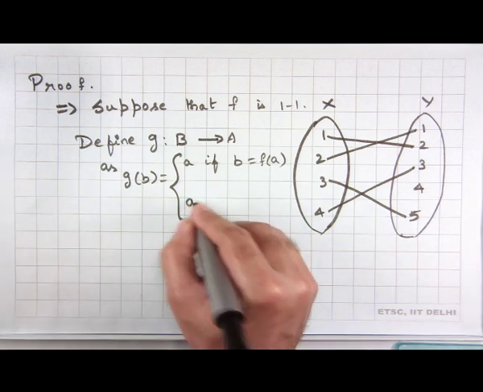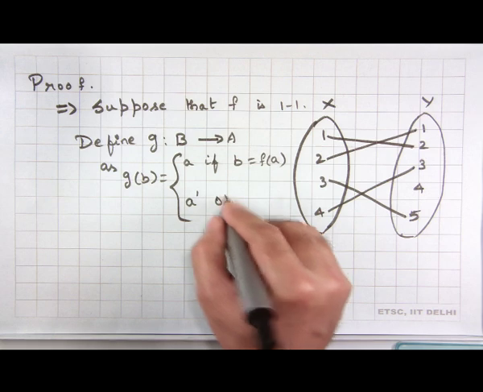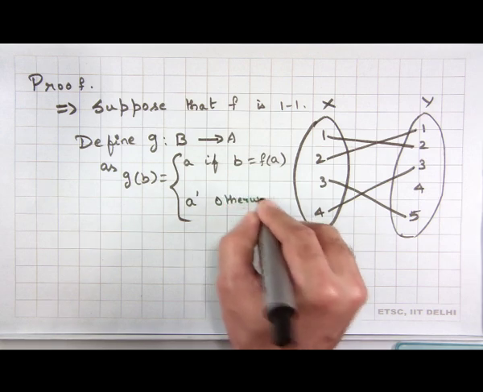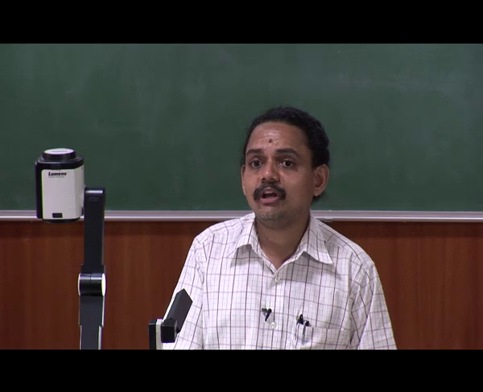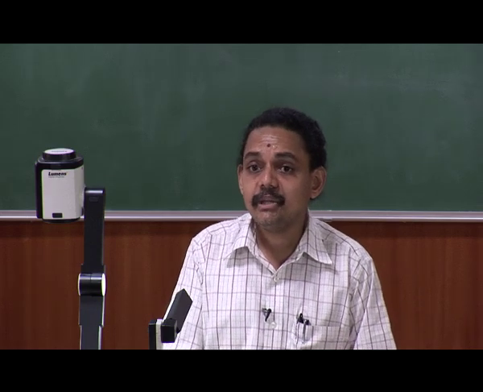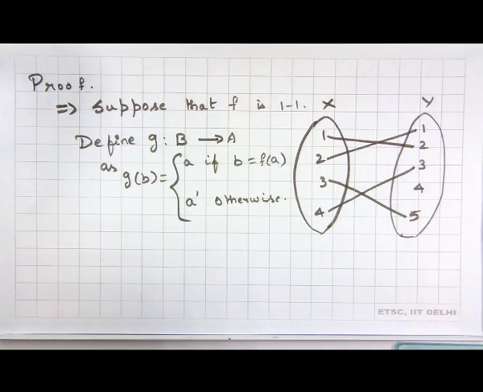Let us define it as a dash otherwise. Let us fix one element which is not in the range, choose one element arbitrarily and map that B to this a dash. This a dash is the choice that we make; it depends on one's own choice.